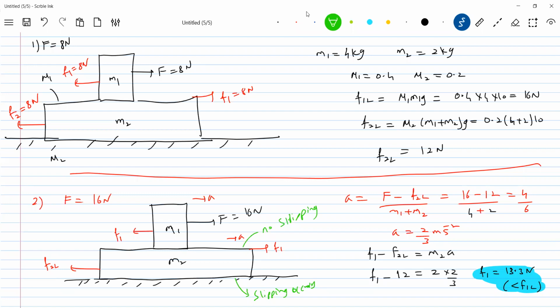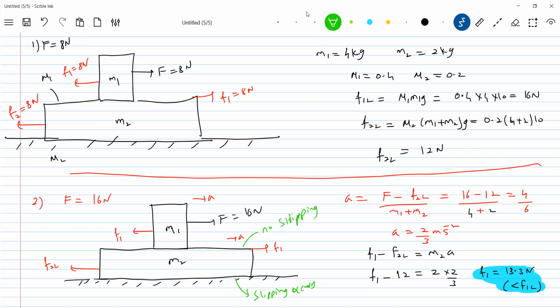Sir, how can you justify this? I got the frictional force. What is the maximum permitted value of frictional force? It should be equal to how much? 16 Newton. But how much did I get? 13.3, as static friction acts. When the friction acting between the surface is static, what does it mean? No slipping occurs, and the relative acceleration will be 0.